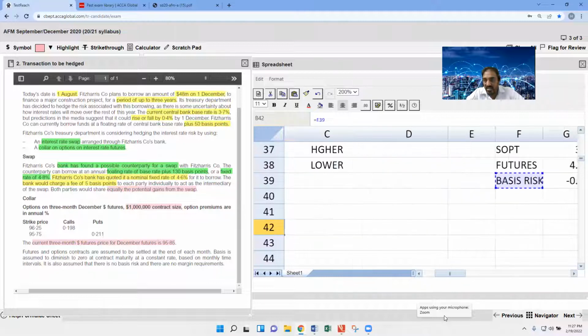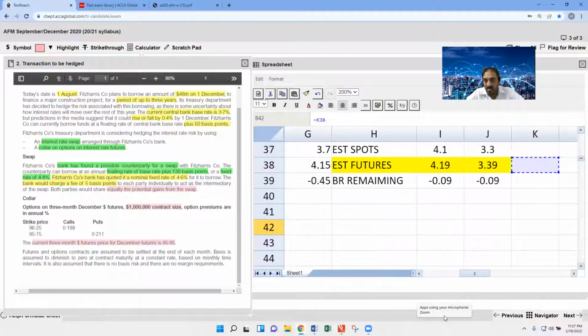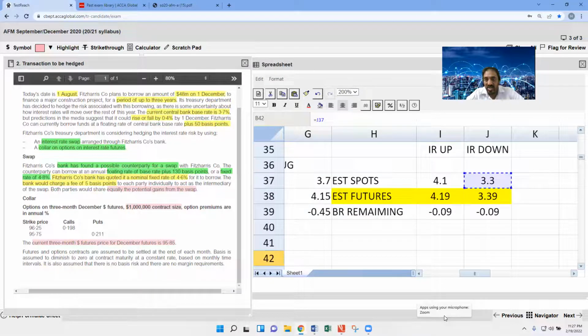What is the estimated spot? The estimated spot is 4.1.